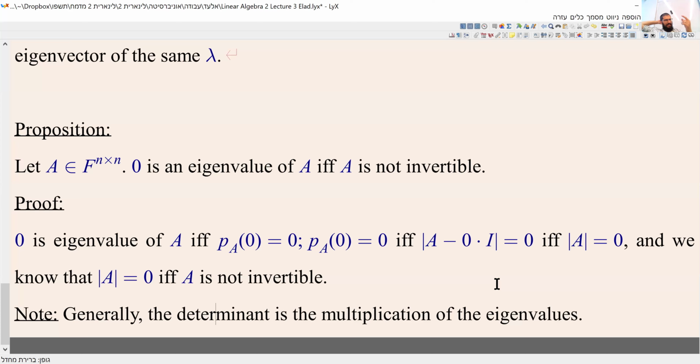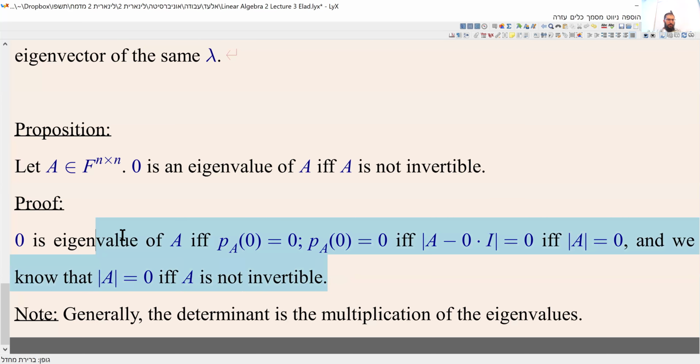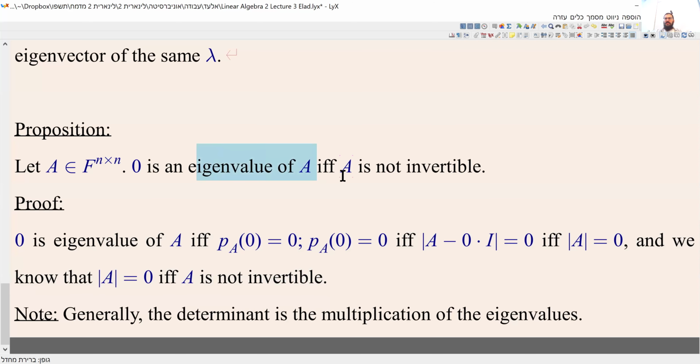It's not an immediate statement. We can prove it using some of the further subjects we'll go through. But right now, from a different angle, it explains our last proposition. If one of the eigenvalues is 0, and you multiply all the eigenvalues, multiplying 0 with something is 0.